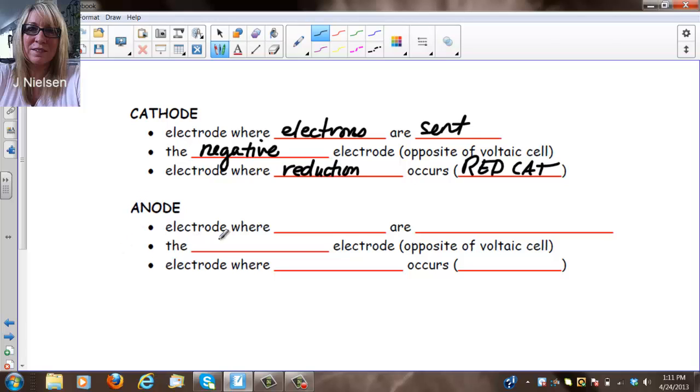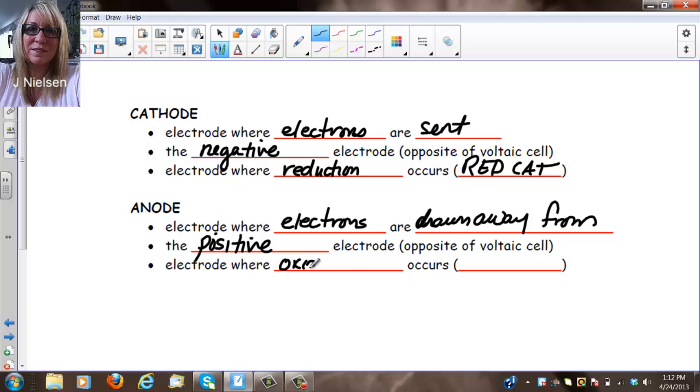The anode is the electrode where electrons are drawn away from. And it is the positive electrode, which is opposite of a voltaic cell. So it is the electrode where oxidation occurs, or an ox.